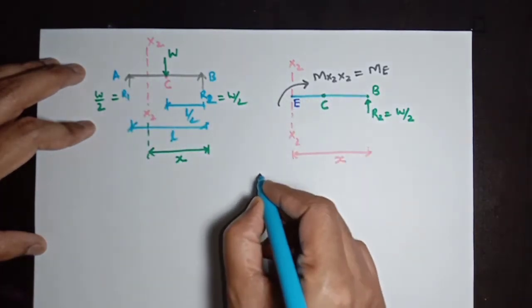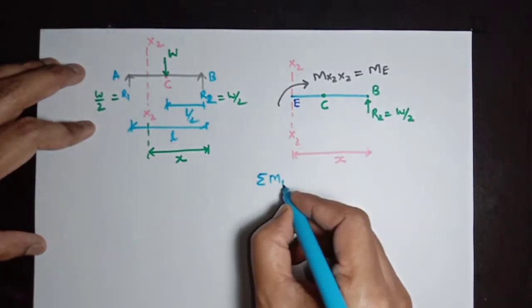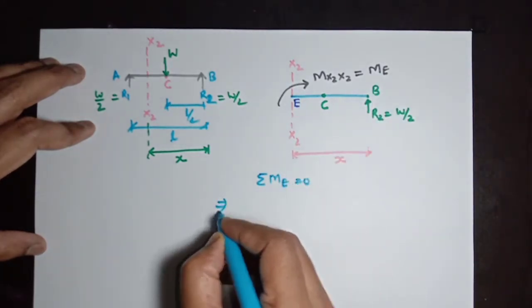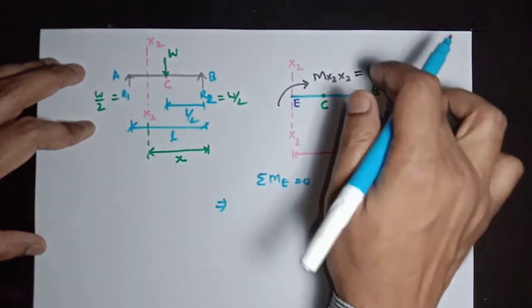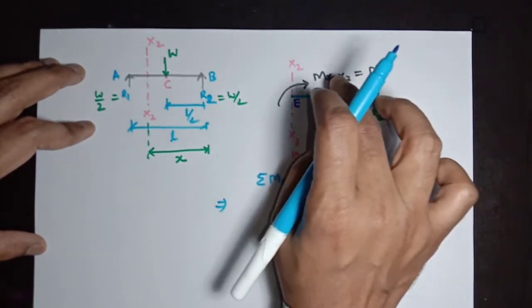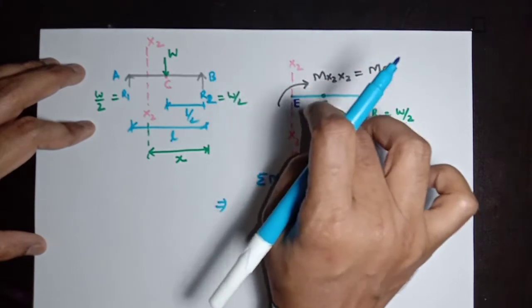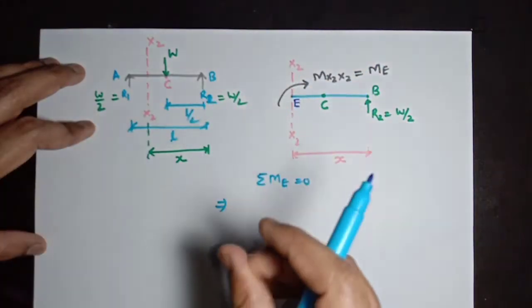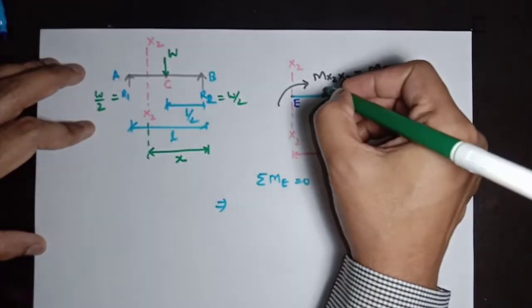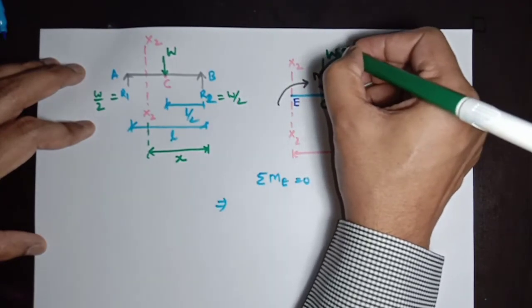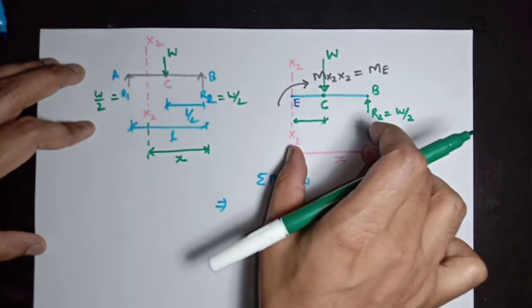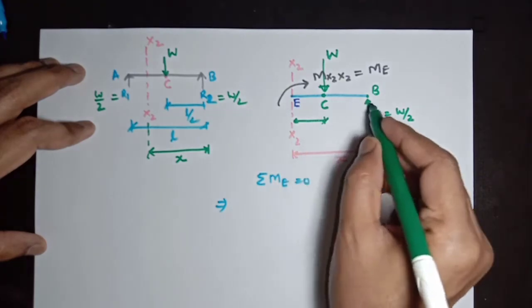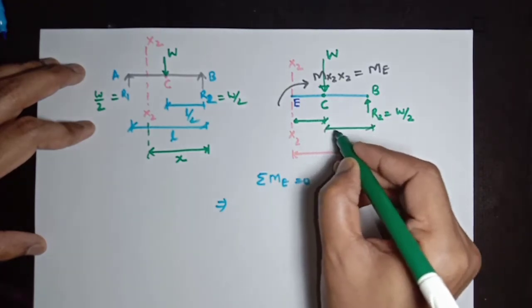Now, as per the equilibrium condition, summation of moment about E will be 0, and R2 is creating a bending moment which is in anti-clockwise direction about point E, and ME, as I have supposed, is acting in clockwise direction. Therefore, there is a point load acting at C, whose value is W, and the distance of this loading is, this is X, and from C to B, length of this beam is L by 2.